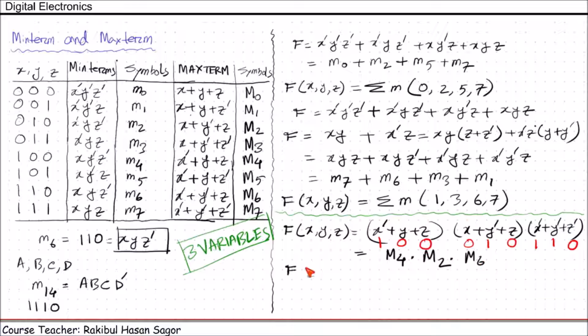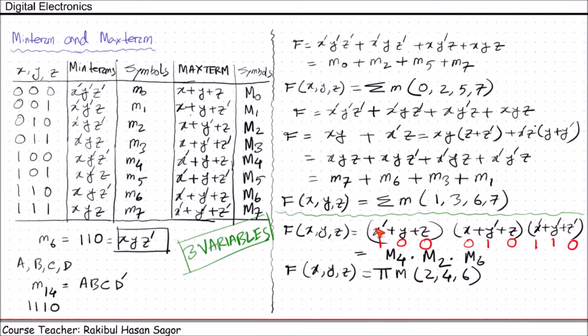Also, this function can be said as x, y, z. This is the product notation, product of Maxterm, where we have 2, 4, 6. These are the product of Maxterm form. If you are given a function in this fashion, you can extract this.